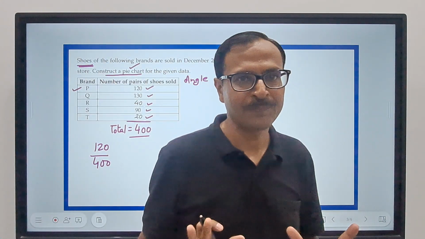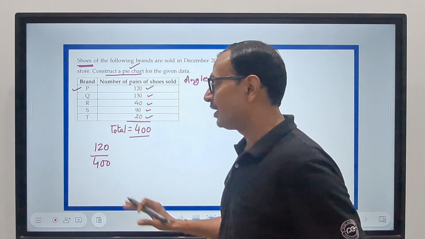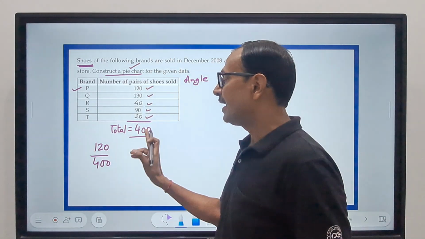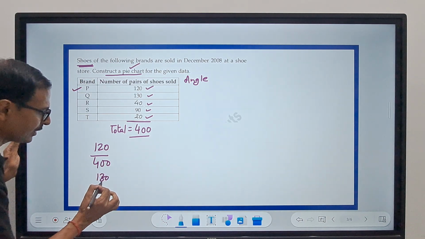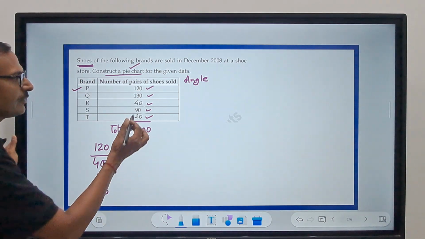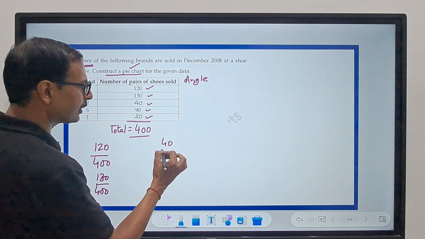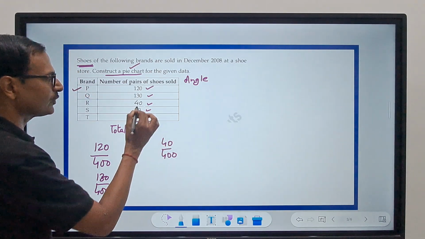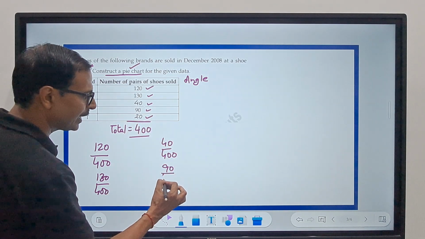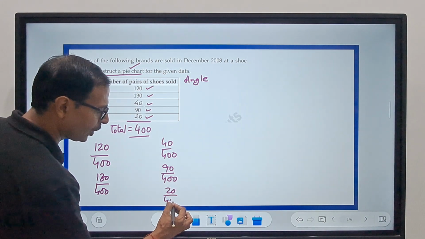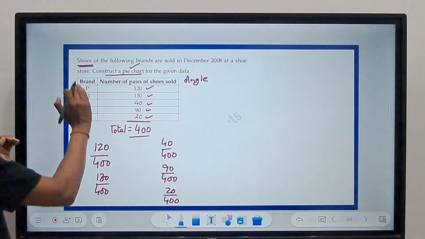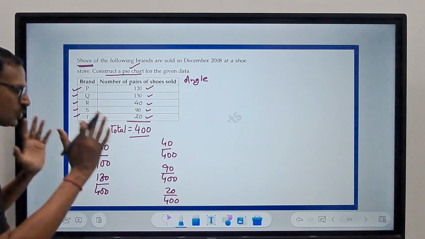The first thing is to get the fraction, 120 upon 400, and likewise all other fractions: 130 upon 400 will be the second one, the third one will be 40 upon 400, the fourth one will be 90 upon 400, and finally the fifth one will be 20 upon 400.